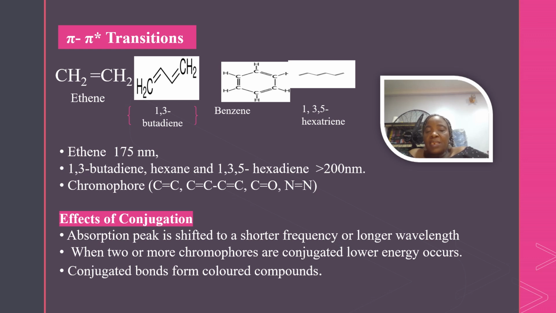An increase in the number of conjugated bonds leads to absorption of visible light, and compounds will be colored. In this type of pi-pi transition, ethene has only one double bond, so it will absorb at 175 nanometers. That is in the far UV region.